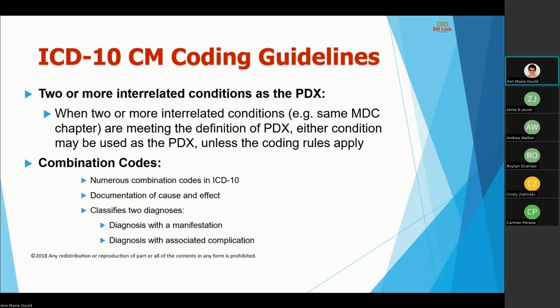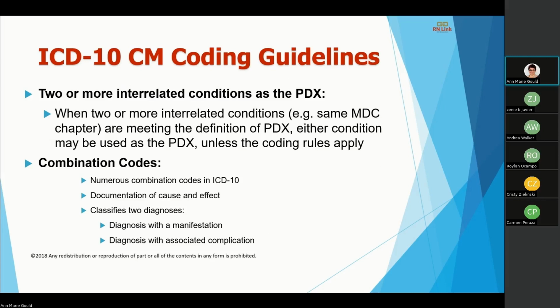If the coding rules say that no, you have to use pneumonia instead of COPD exacerbation as your PDX, because there may be specific chapter coding rules for the coder to abide by. So that's why coders are very helpful for the CDSs in that respect, because they help us learn all these different coding rules and guidelines.